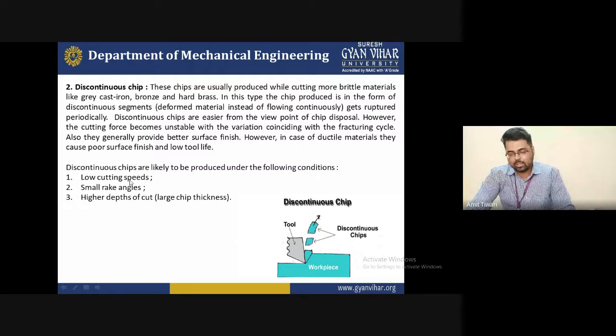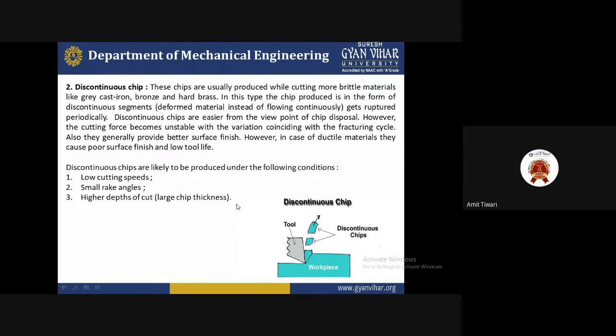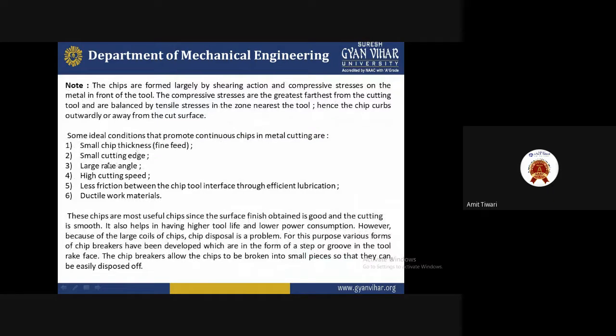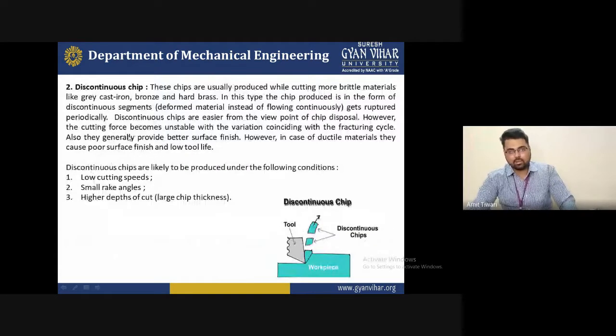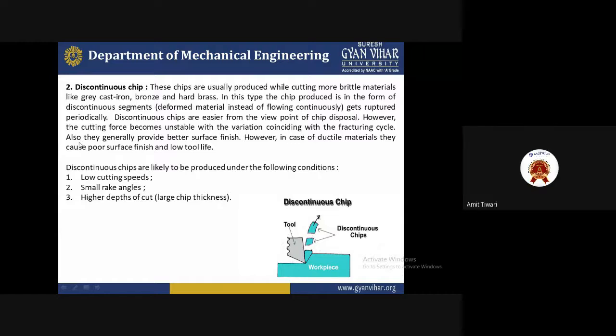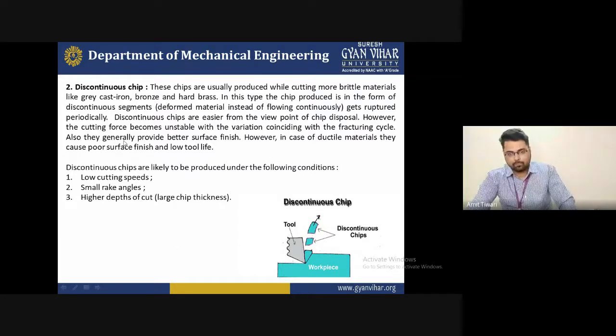So why is it happening? Because of the low cutting speed, a small rake angle and a higher depth of cut. Due to this, the discontinuous chip will be produced, and it is not a requirement for machinability. Whenever you want good machinability, we require the continuous chip. So we require a higher cutting speed, a higher rake angle, or a small depth of cut. In the opposite case, with the low cutting speed, a small rake angle and a higher depth of cut, if we use such parameters, this condition will definitely occur, and it is not required for good functionality.